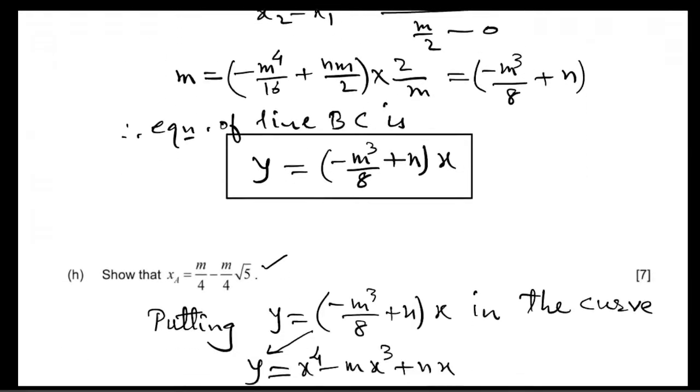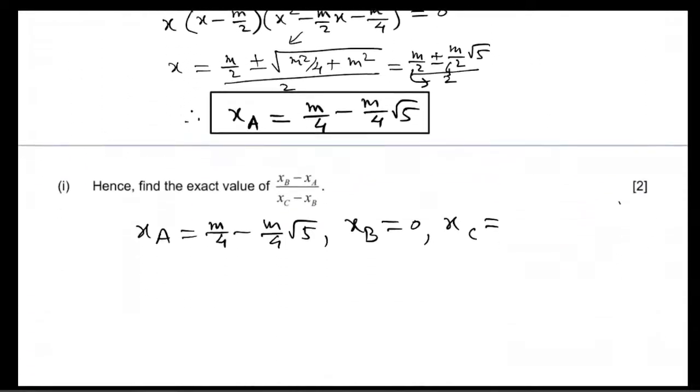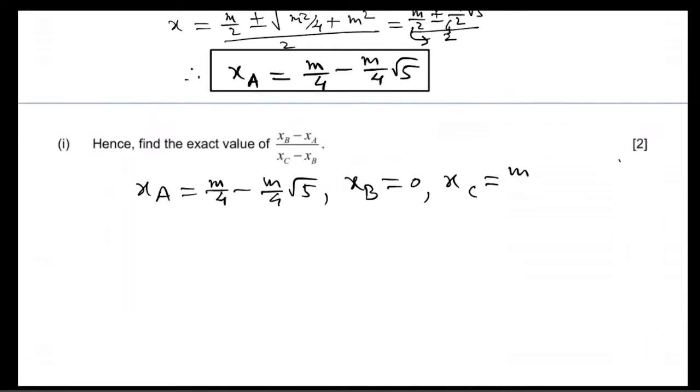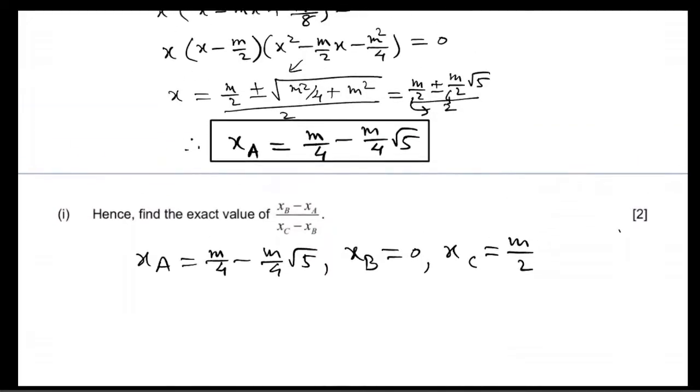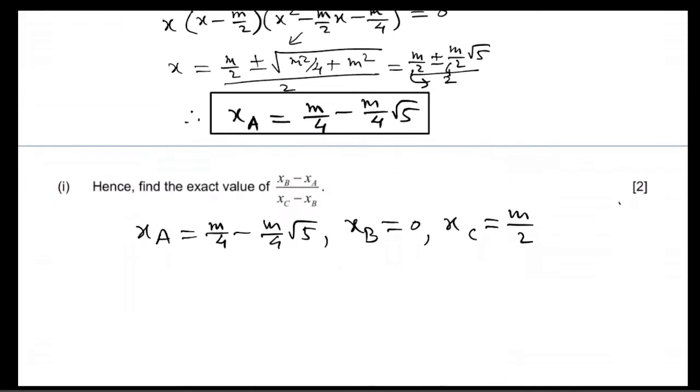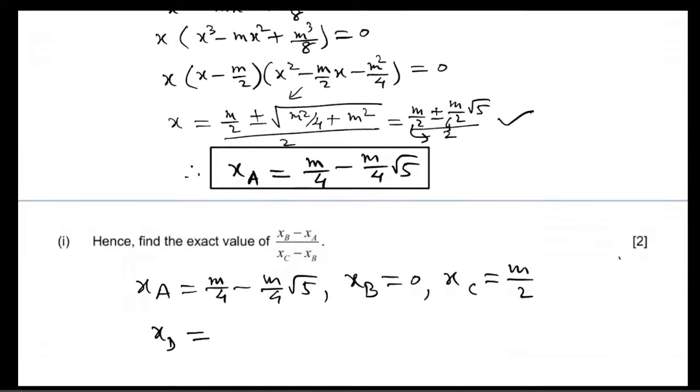Yeah, m by 2. And we need xD now, okay? So xD will be the remaining factor, which will be the one with the positive value from here, okay?